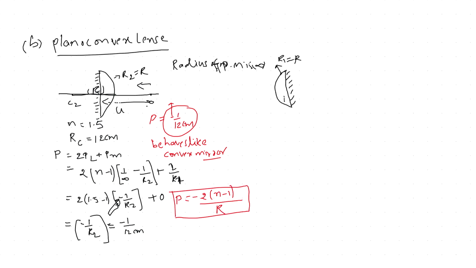Similarly, come to this example. Here also the object is here. Now R1 is R and R2 is infinity. R1 is positive. So now power is equal to 2PL plus PL.